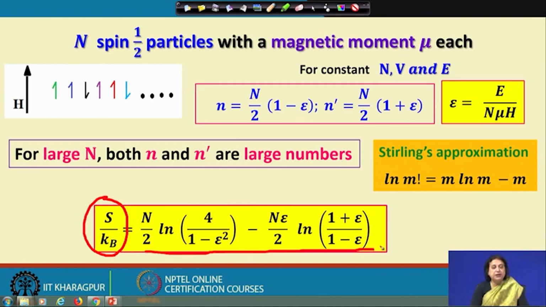So, this tells me that starting from the Hamiltonian of a spin half particle, I could build up a molecular model for which a typical microscopic state is like this, and then starting from that molecular model, I am now able to predict a thermodynamic property, and I am proposing here that the entropy of the system is going to be given by an expression like this.